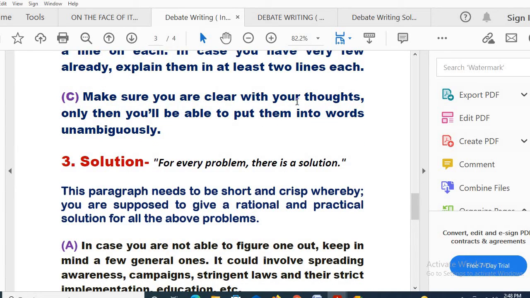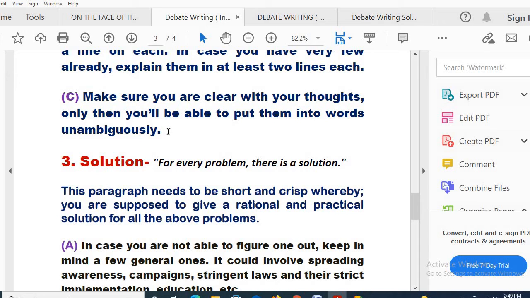Make sure you are clear with your thoughts. Only then will you be able to put them into words unambiguously. You have to be very focused. Unambiguously means with a lot of confidence, with a lot of self-pride. Finally you can put it into words. Your thoughts will get a proper shape, and that is possible only when your thought process is very clear and compact. When it is clear and compact, then you can present it properly.